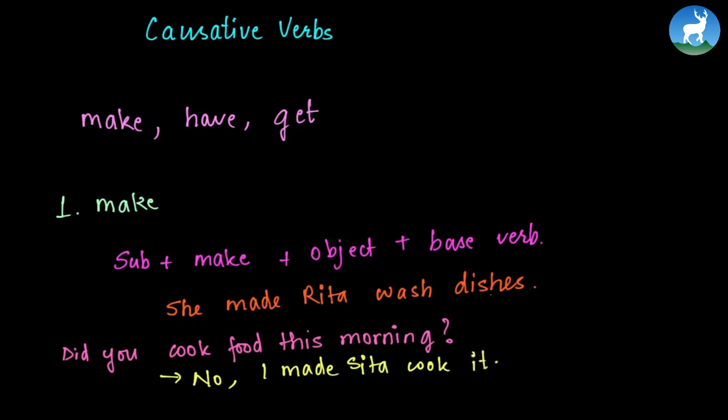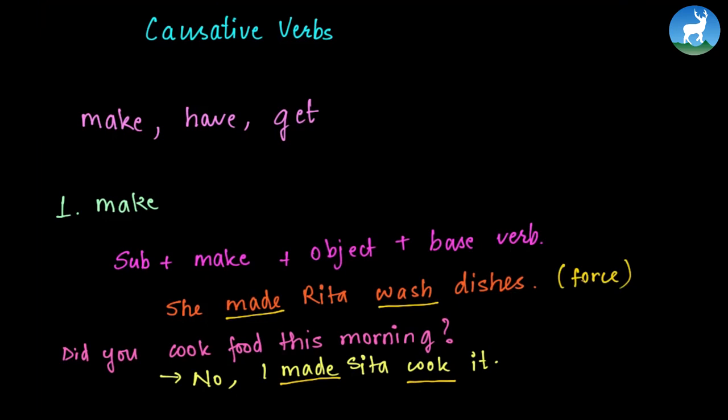So notice in these two sentence structures, after using the form of make, we place the base verbs. Wash and cook are the base verbs, and we can see that something else is happening here due to a cause.